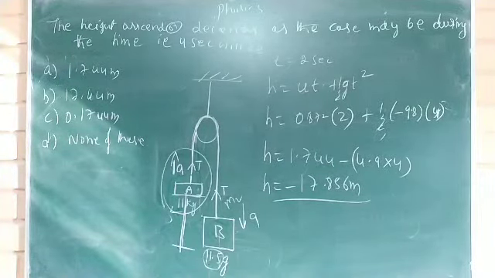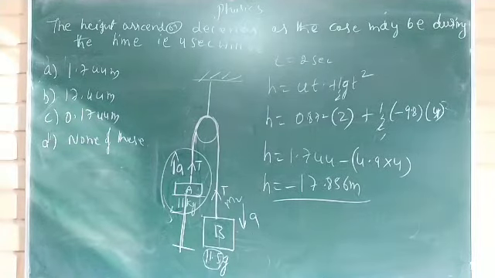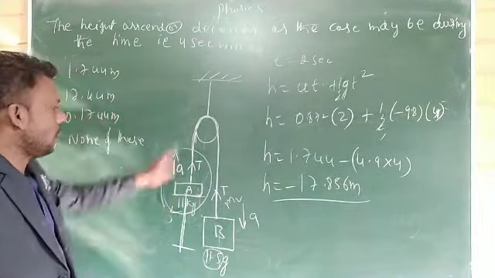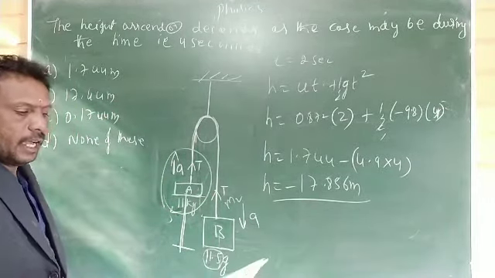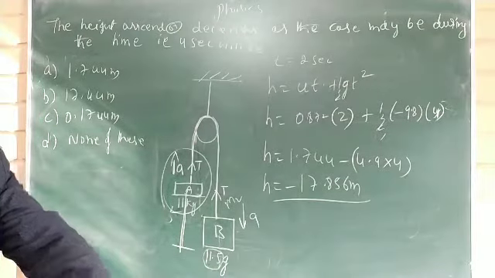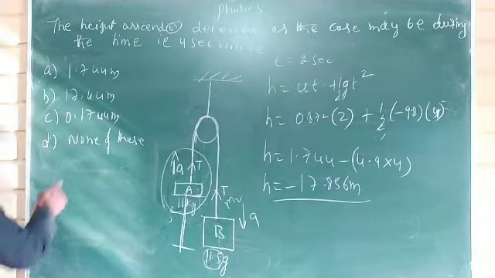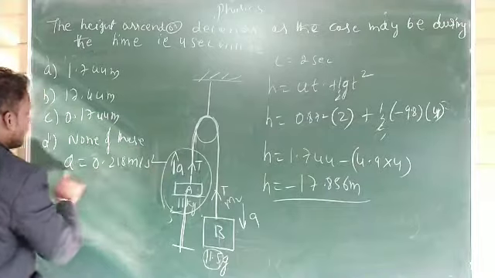The height ascends or descends, as the case may be, during 4 seconds. Same experiment: the mass of one body is 11.5 kg and the other is 11 kg, with one accelerating downward and the other upward. How do we calculate the height? We know the acceleration of body A is 0.218 meter per second squared, which we already calculated.